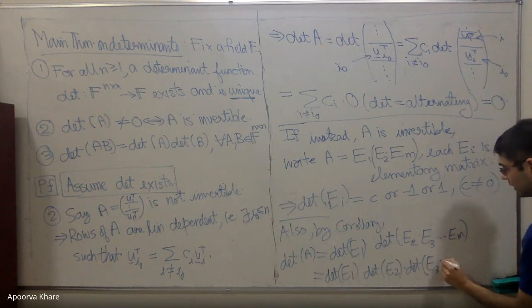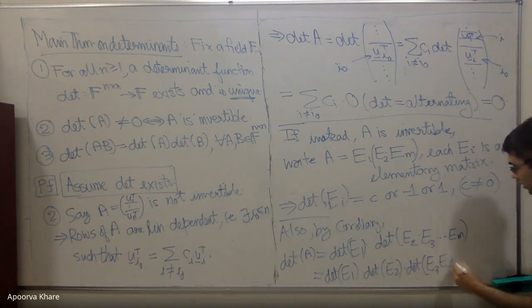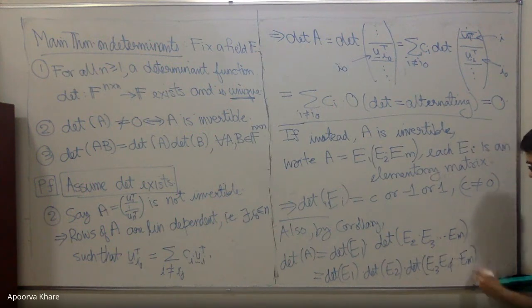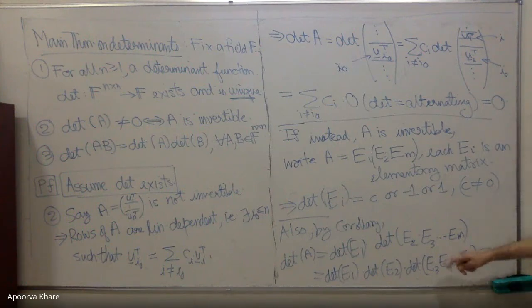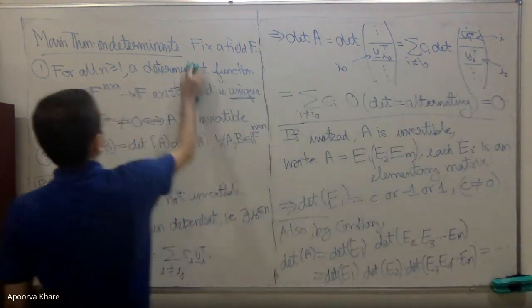E3, E4, and you can keep going, right? At each step I take out one of the E's, put a determinant, and keep going. And so eventually I get that it's the product of the determinants.